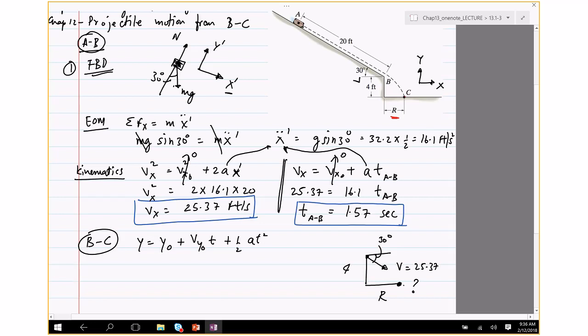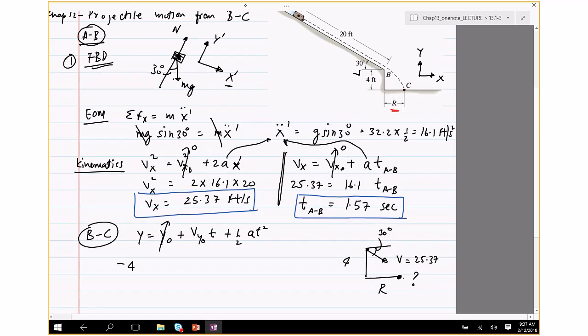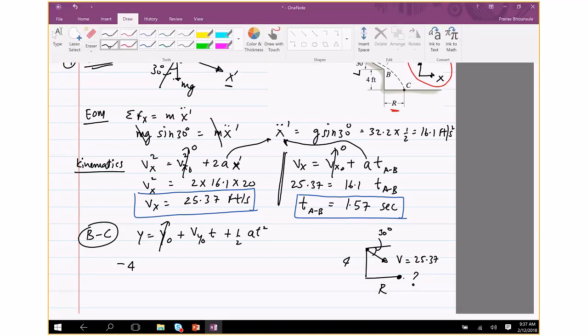That's the formula for constant acceleration. This is motion under gravity. So initial y is 0. The final y is 4, and it's negative because this is my new coordinate frame. So y is downward, so it's negative.